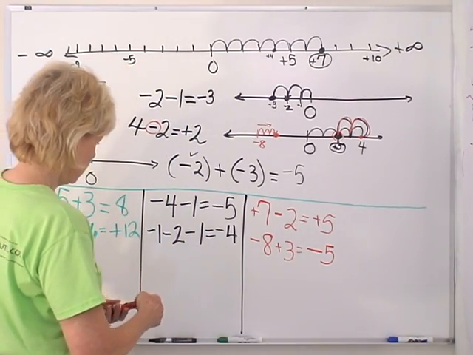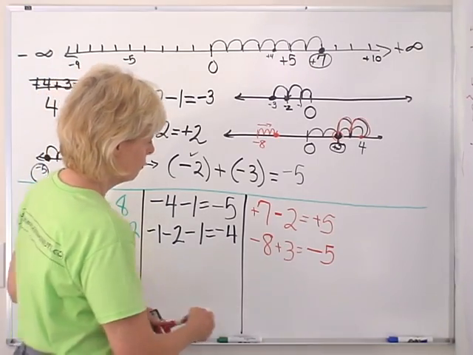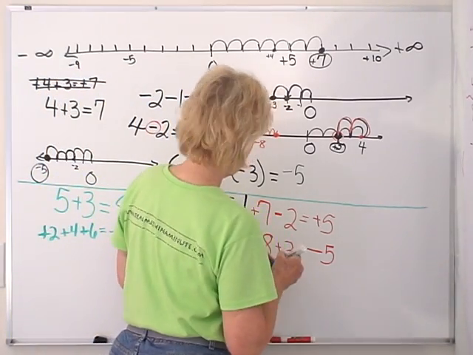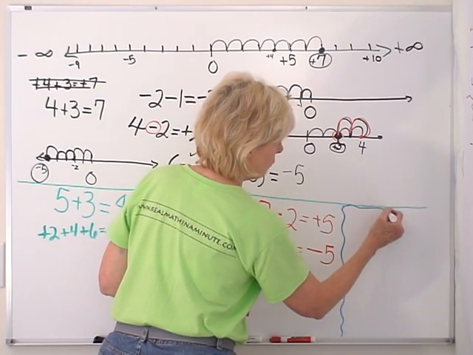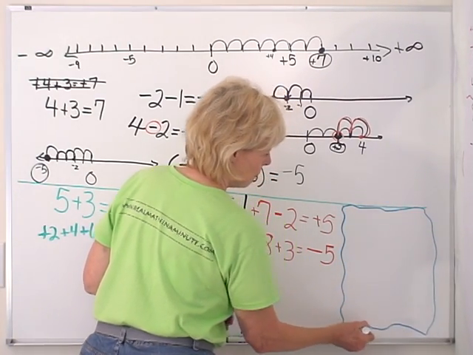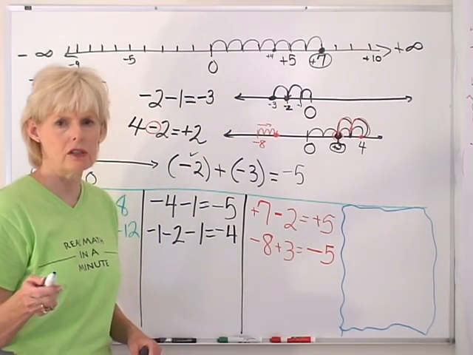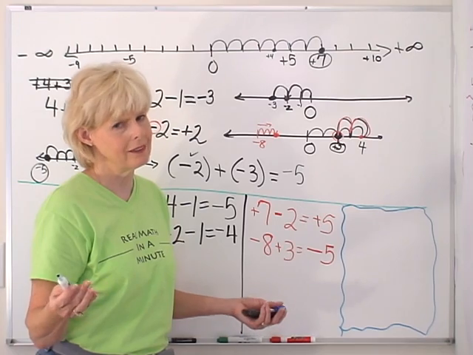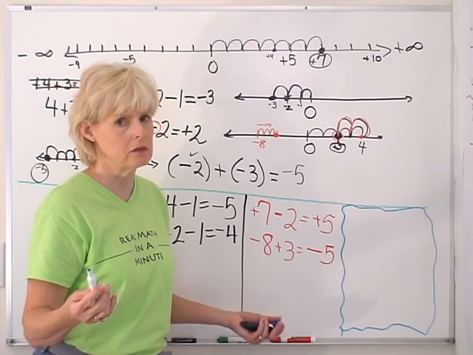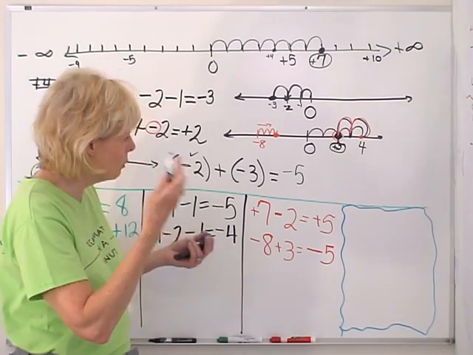Okay, let's put those rules right here in this space, in this frame. Well, I think we already know what happens if you add a positive and a positive, don't we? Do we even need to write that down? Because we so know it, but we will.